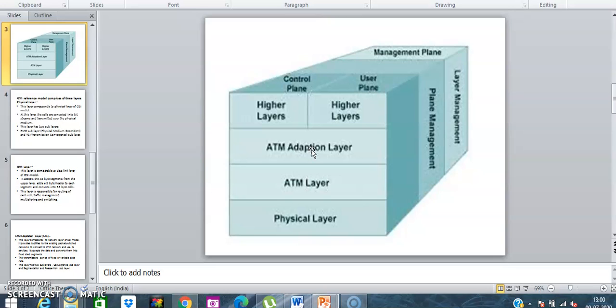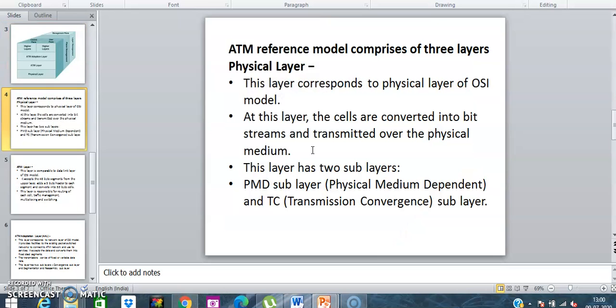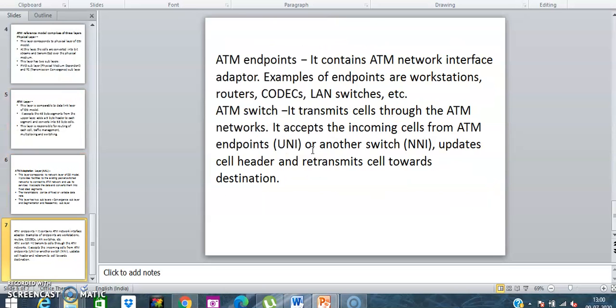There are several AAL protocols defined, classified based on parameters such as timing relationship, bit rate and connection mode. Here we have ATM endpoints. An endpoint contains an ATM network interface adapter; examples are workstations, routers, codecs, LAN switches, etc. And the ATM switch transmits cells through the ATM network.